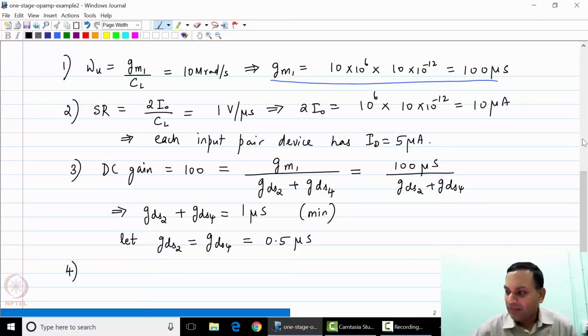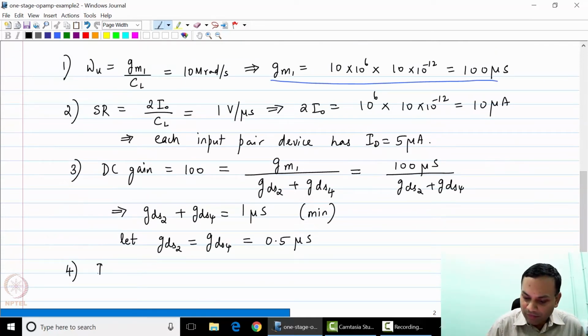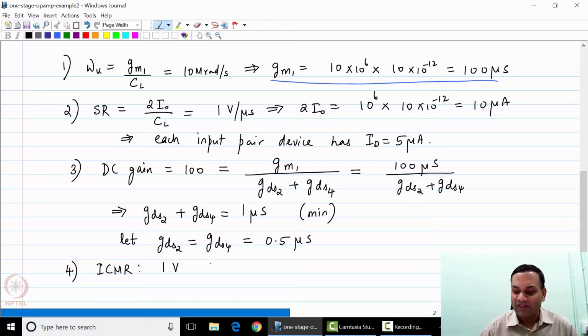Now let us look at the input common mode range spec. The input common mode range says that the input common mode should be variable between 1 volt and 3.5 volts. What does this tell us?